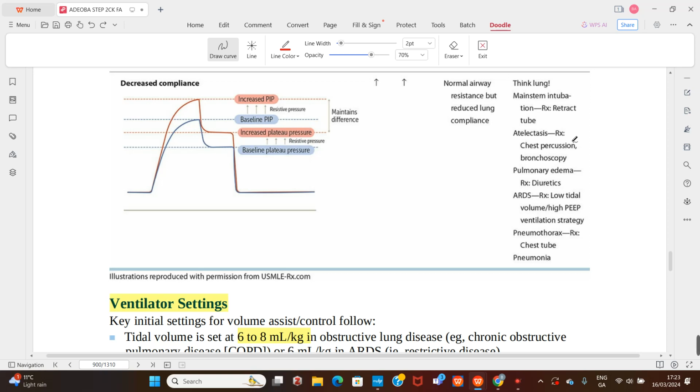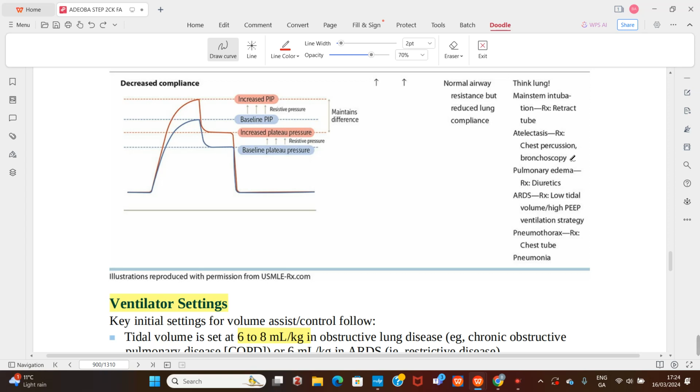So if it's obstructive, maybe from mucus, cystic fibrosis, bronchiectasis, you do chest percussion to expel that mucus. If it's a foreign body, you do your bronchoscopy to remove it. Of course, cicatrization, you are not going to do anything. There's nothing you can do. Maybe you can just give antifibrotic, but it's not going to do much.